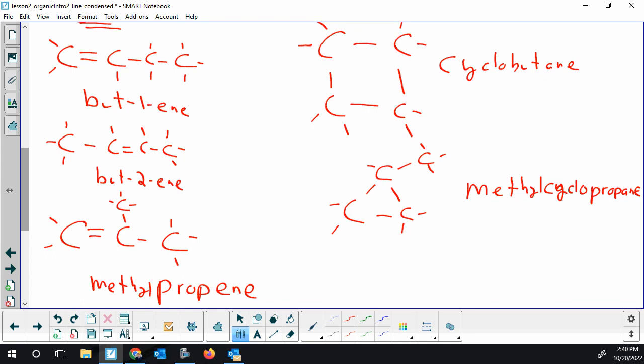When you have one side group, that side group is always denoted in the 1 position. That hasn't been mentioned yet. But side groups will be in the 1 position. So whether I put that methyl on the top, the right, or the left, it's going to be in the 1 position. Okay? So it doesn't matter where it goes, they're all the same.